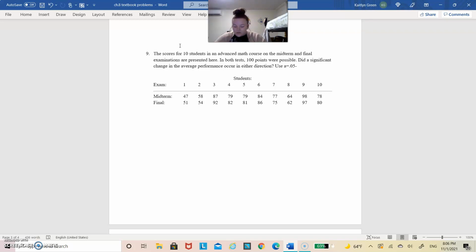A standard deviation of 15.56, and then, of course, n is still 10. The reason we needed all these extra values is because we need to find the d i values. And we found that x bar is negative 0.9, the standard deviation is 2.96, and n is still 10.